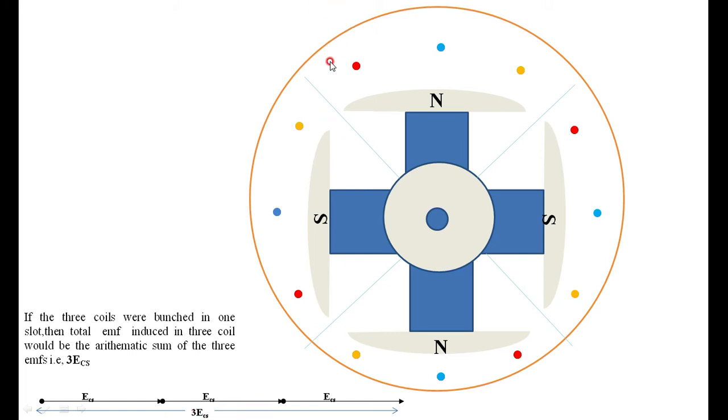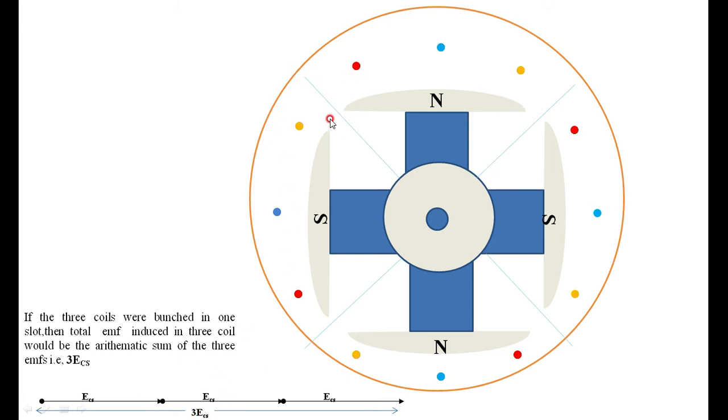This is for the concentrated winding. Then, to define KD, it is the ratio of the induced voltage in the distributed winding to that in the concentrated winding, or the ratio of the vector sum to the algebraic sum. The algebraic sum we calculated is 3 times ECS.